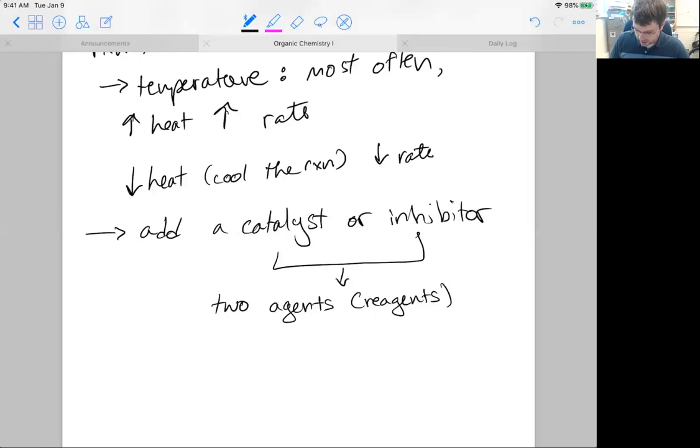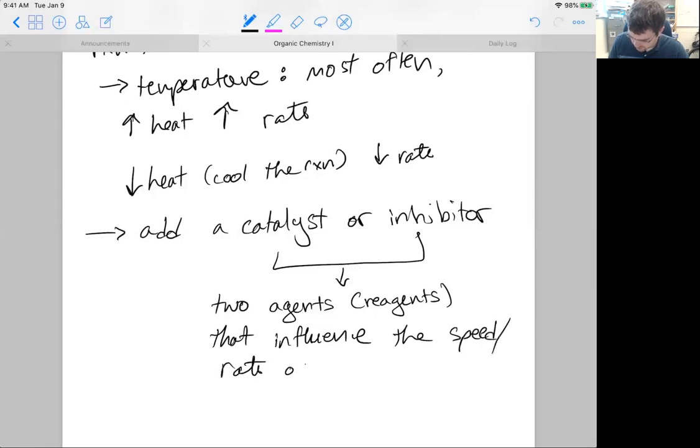that change or influence the speed of the reaction, which is also called the rate of the reaction, by changing activation energies.